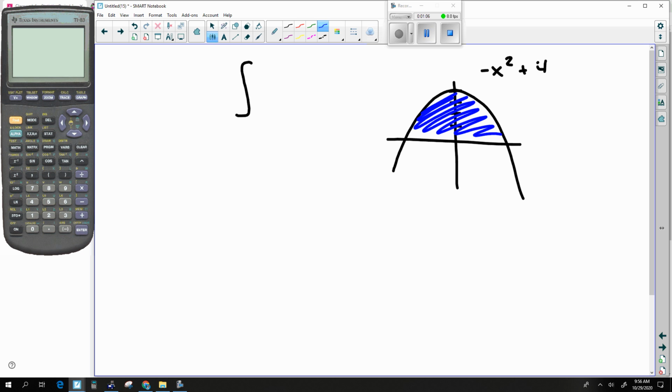How this would look as a definite integral is, this would be at negative 2 and 2. So this integral goes from an x value of negative 2 to positive 2, and I'm finding the area of 4 minus x squared, the same equation, dx.